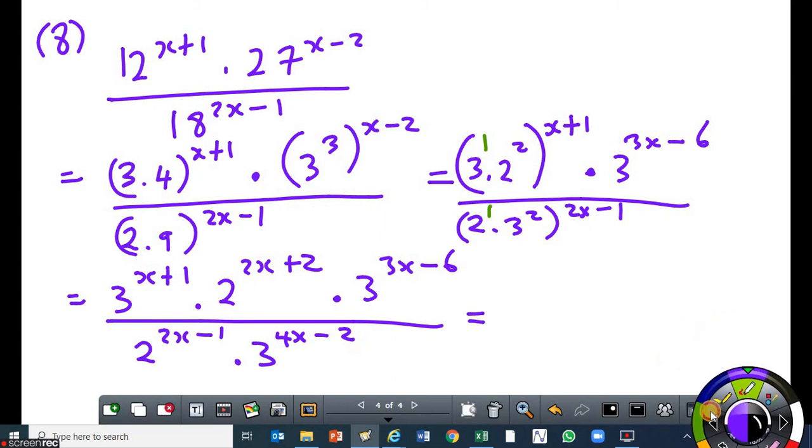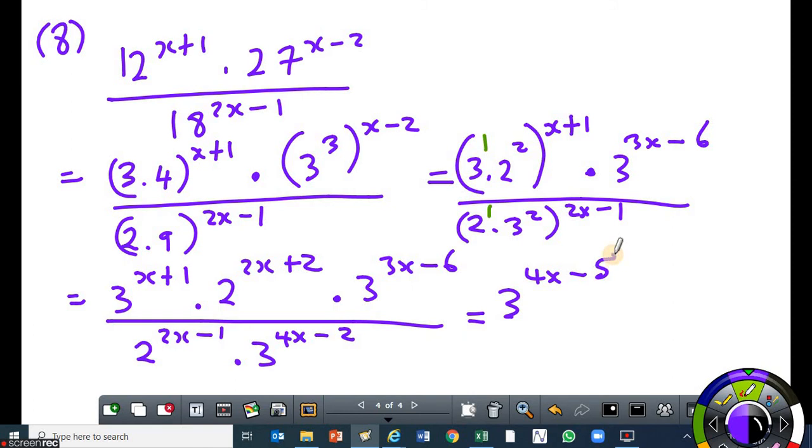So for this base of 3, since there is multiplication between those two bases, I can just add the exponents. So I can write this as 3, x plus 3x will give me 4x. Then plus 1 minus 6 is going to give me minus 5.